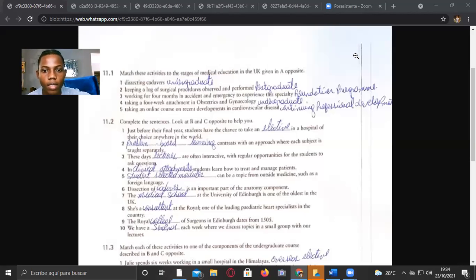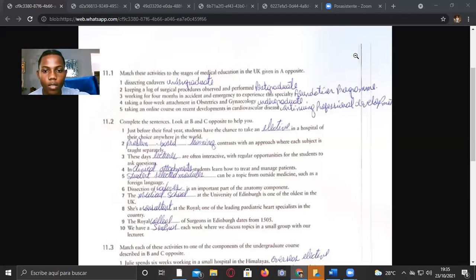11.1 Match these activities to the stage of medical education in the UK given in A. Dissecting cadavers, undergraduate. Keeping a log of surgical procedures observed and performed, postgraduate.